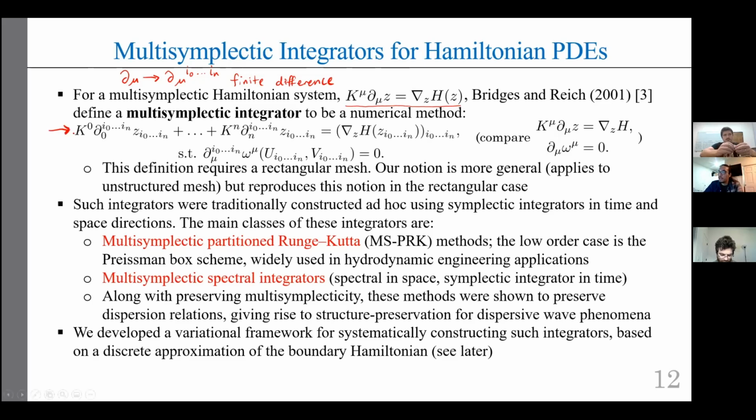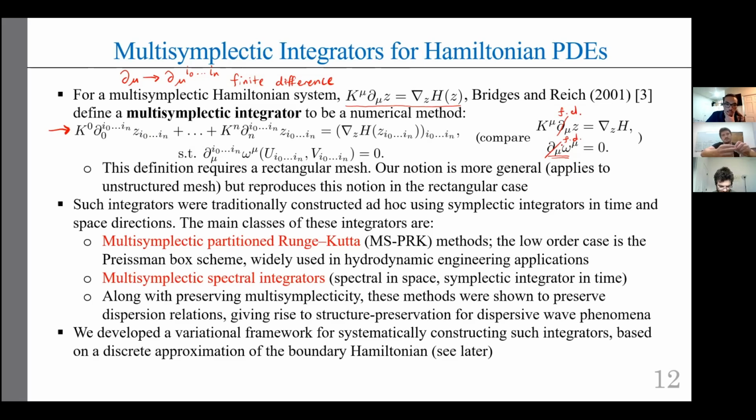And then we define a numerical method given this way to be multisymplectic if also the multisymplectic conservation law holds with these same difference operators. So we replace these with finite differences, and a method is multisymplectic if this conservation law also holds with these derivatives replaced by the same finite difference operators.